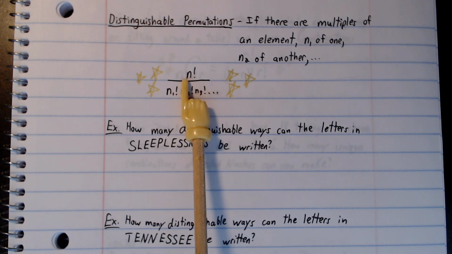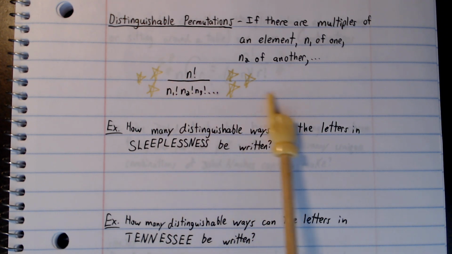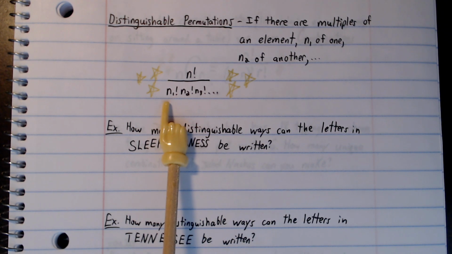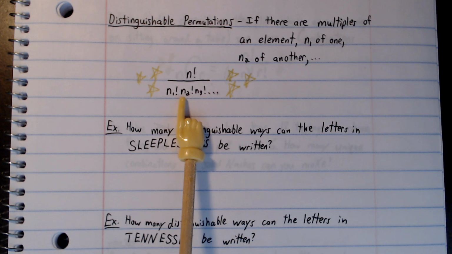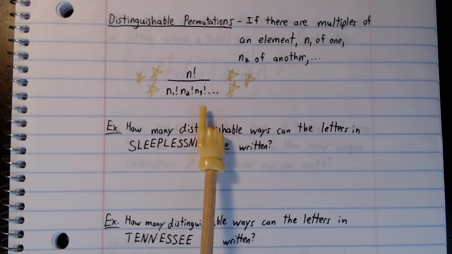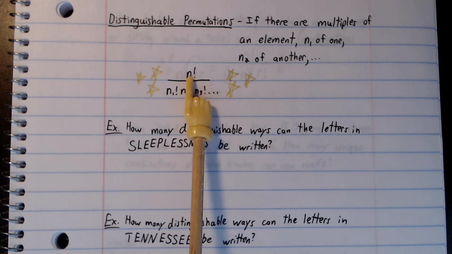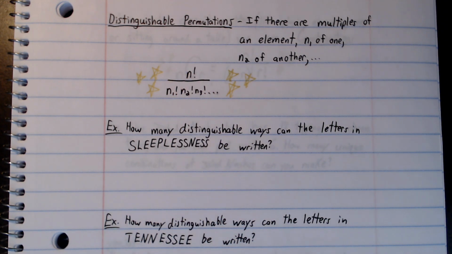N would be the total number of overall elements in that particular word or cluster. N sub 1 would be the number of, let's say, A's in banana. N sub 2 would be the number of N's in banana. N sub 3 would be the number of B's in banana. But then overall, how many letters are there in banana? So that's how that particular formula works.